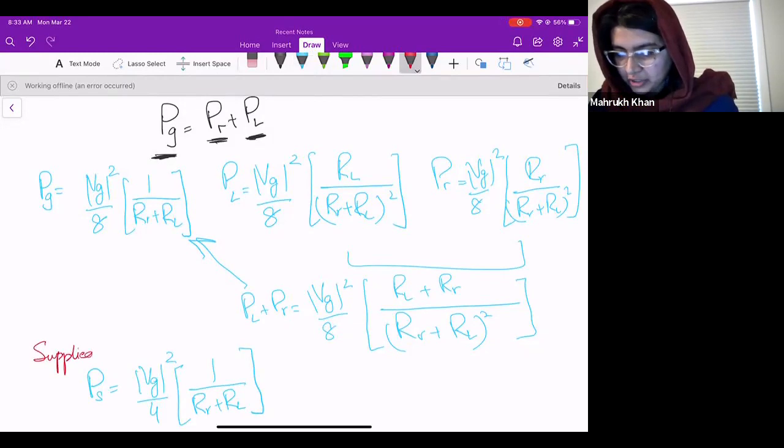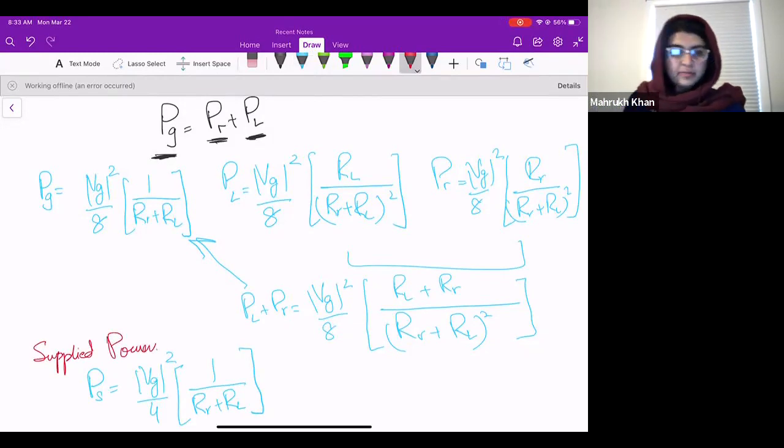so what is the relation you find between power supplied and the dissipation across the generator impedance?